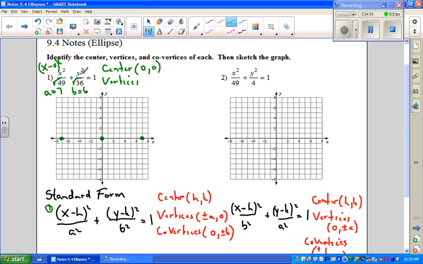So my vertices are going to have an ordered pair of 7 comma 0 and negative 7 comma 0. My co-vertices have a b value of 6. I would go up 6, and I would go down 6, and my co-vertices would be 0 comma 6 and 0 comma negative 6.